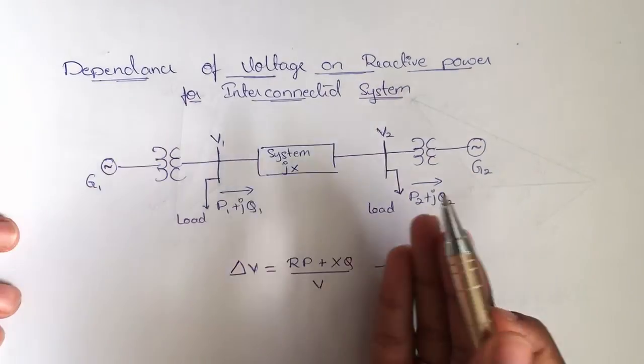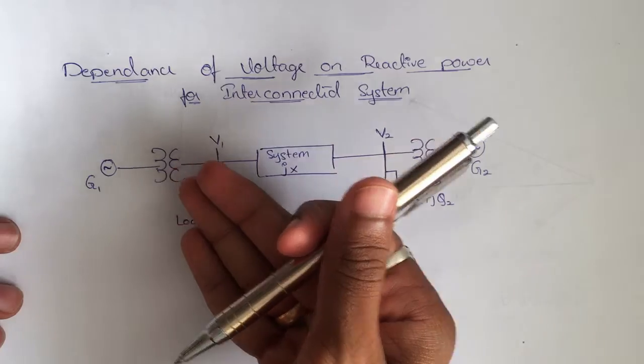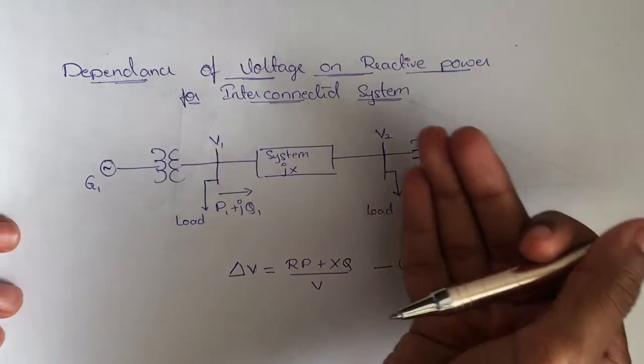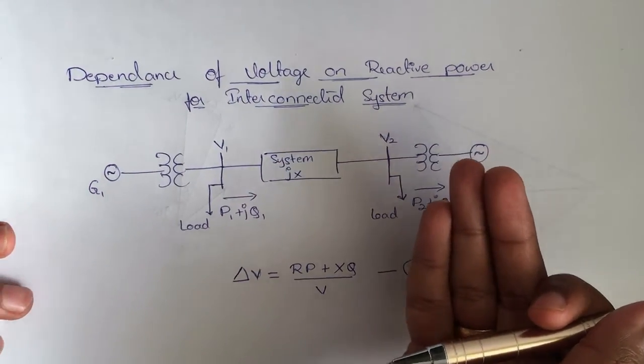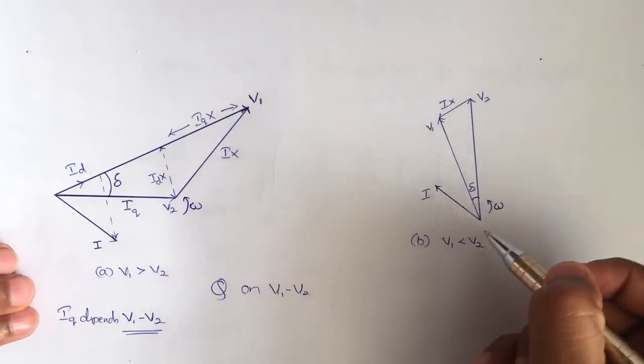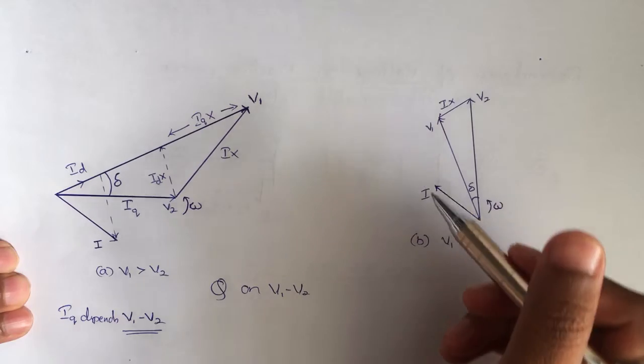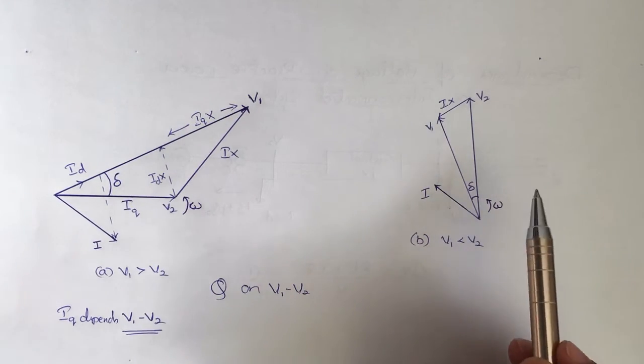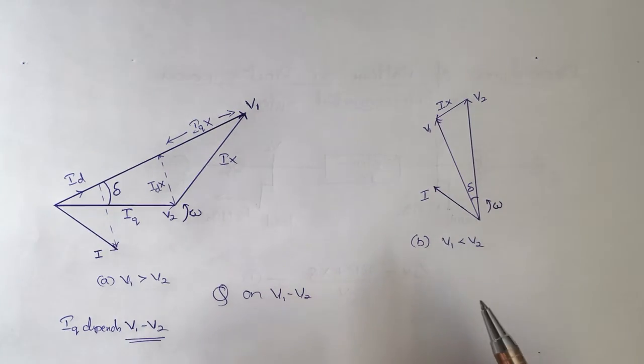If V2 is greater than V1, real and reactive power flow from node 2 to node 1. This represents the phasor diagram for V2 greater than V1, or V1 less than V2.